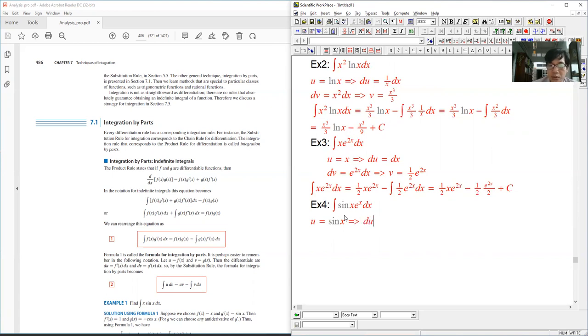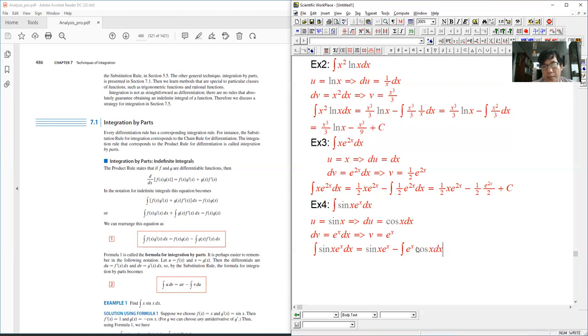We find du, the derivative of sin x, is cosine x dx, and we set dv equal e to the power x dx, and we find v equal e to the power x. The integral of e to the x is the same. So this integral equals sin x e to the x minus the integral of e to the x cosine x dx.